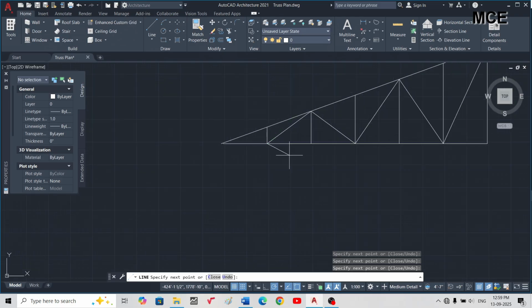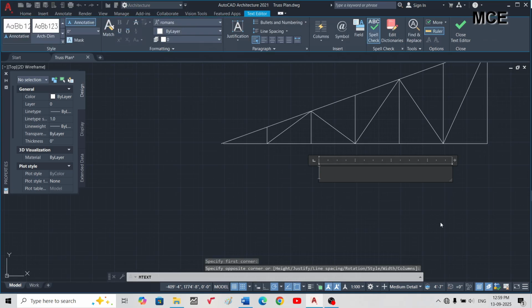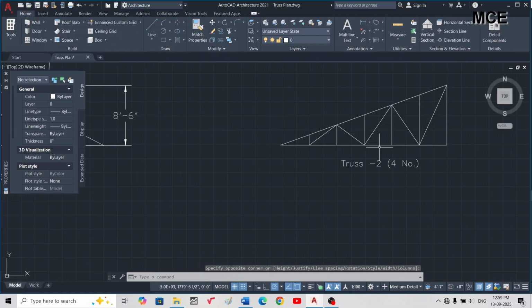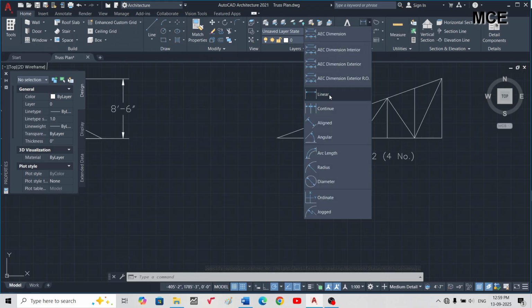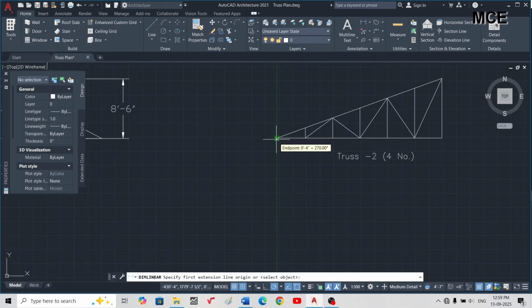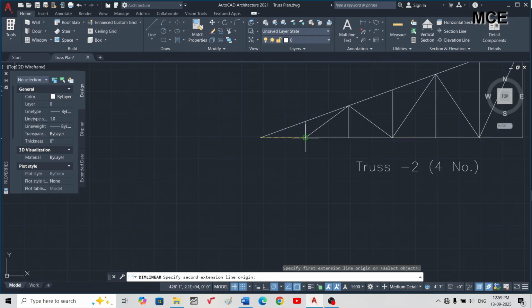So this will be my truss T2, and they are 4 in number. You can show the dimensions for this truss. So this gap is 4 feet.